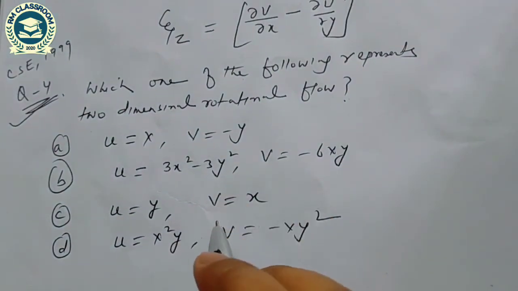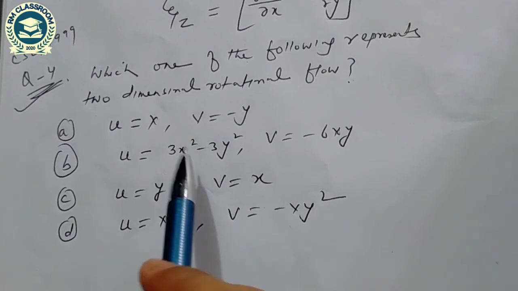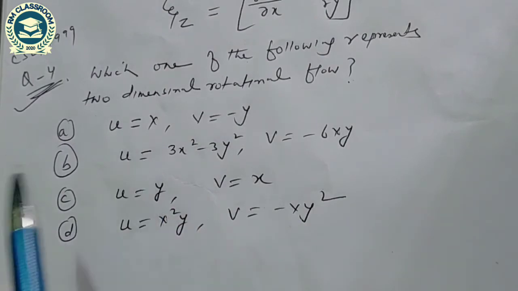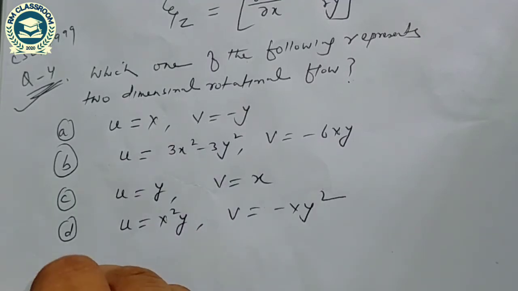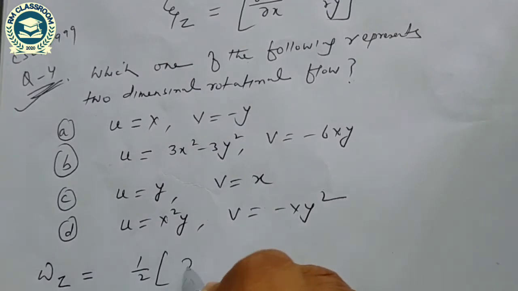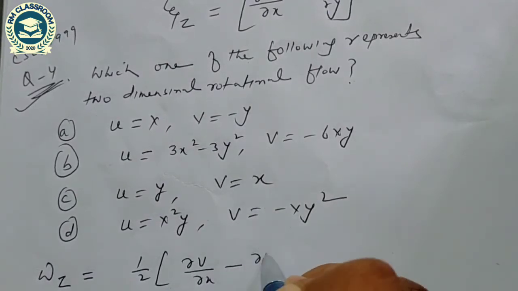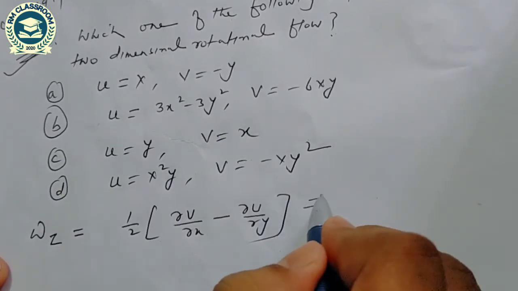Which one of the following represents two-dimensional rotational flow? Rotational flow is possible only when the rotational component is not 0. For two-dimensional flow, firstly we have to check the rotational component in z direction, because in z direction the components of v and u come in. The rotational component in z direction is equal to 1 by 2 times del v by del x minus del u by del y, and this should not be 0.